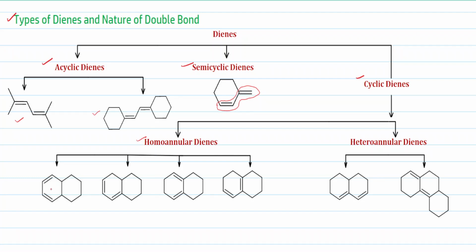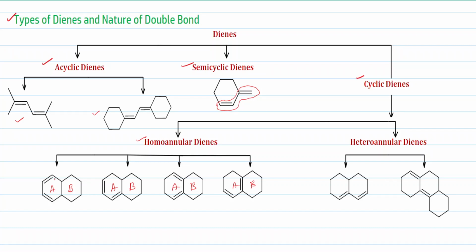The first ring is A and the second is B. In all these A and B rings, the double bonds are in conjugation and present in one ring, so it is called a homoannular diene.